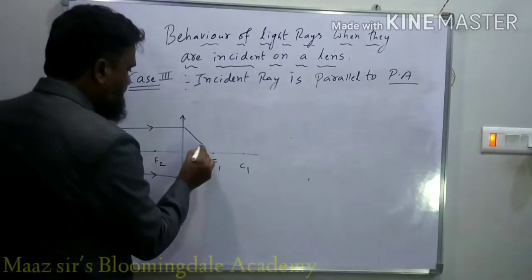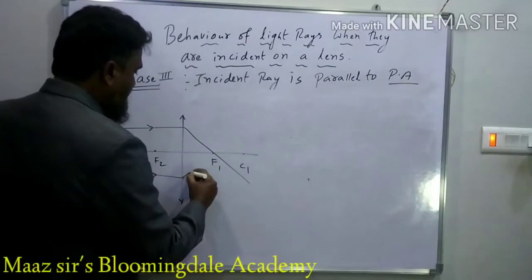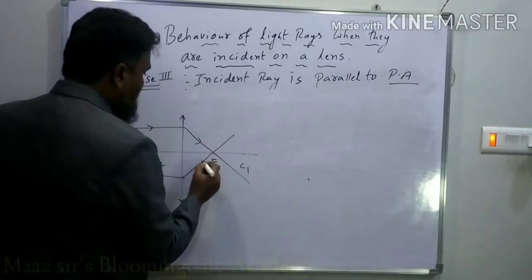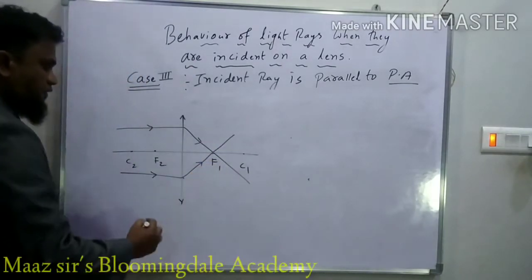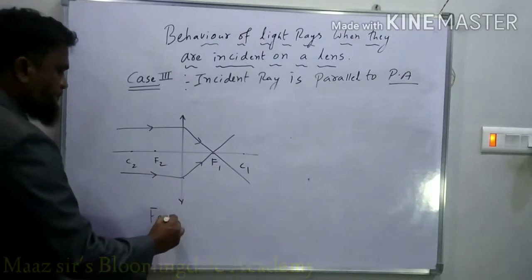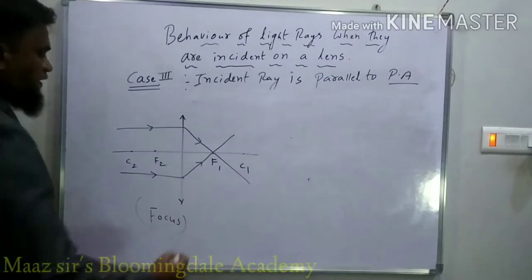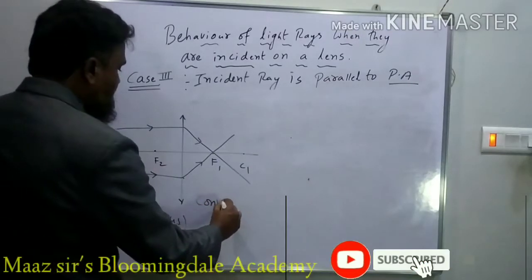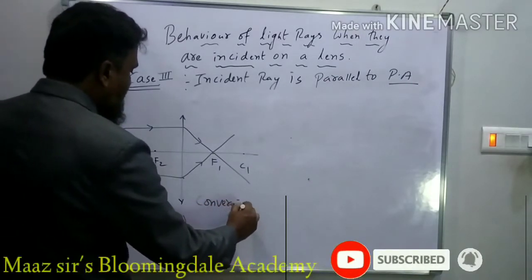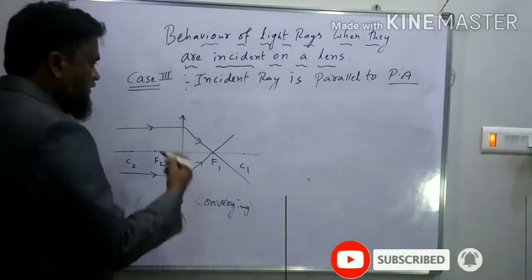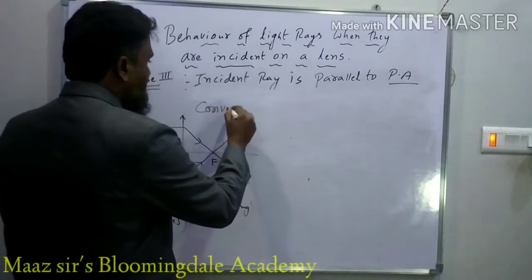What happens after refraction? It passes through the focus. So it is converging towards the focus. So this is in a convex lens.